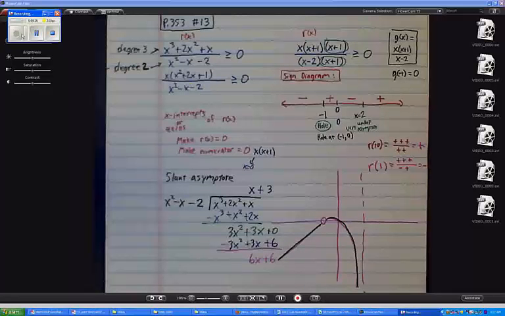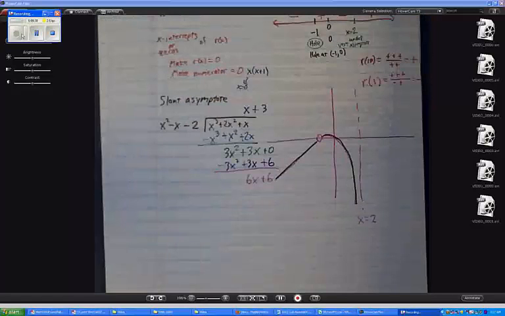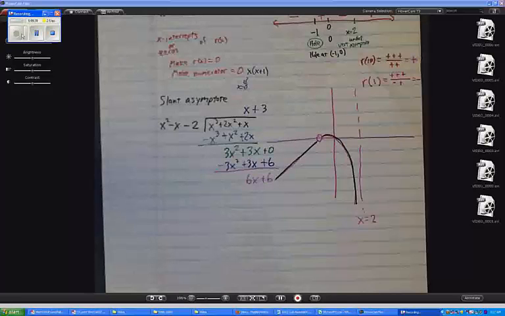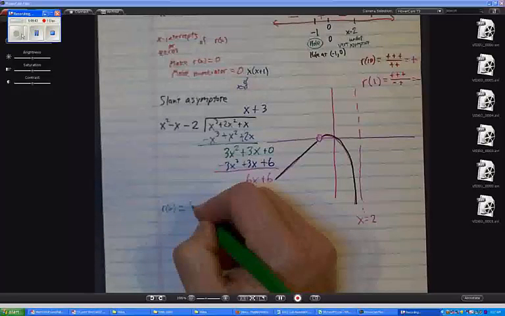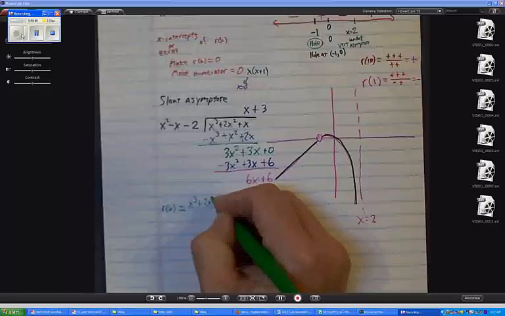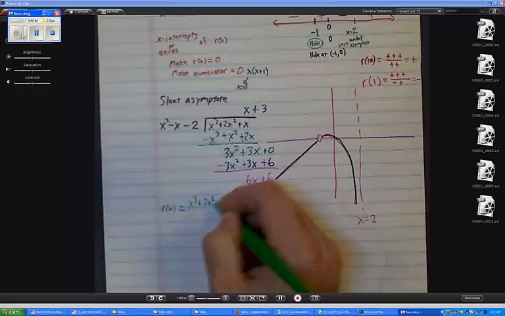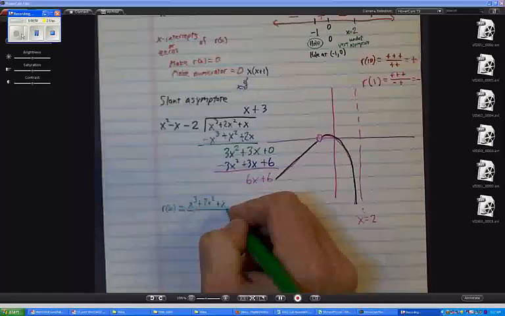Now, let me show you what I just determined. Okay? R of x, remember, it equaled x cubed plus 2x squared plus x over, what does that bar mean?